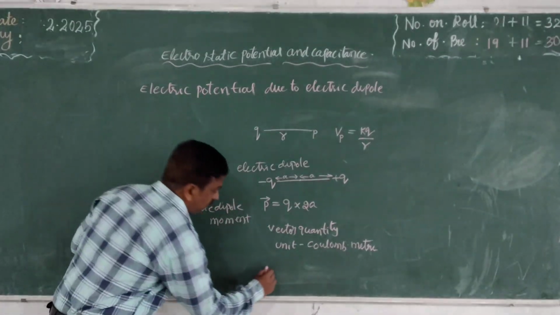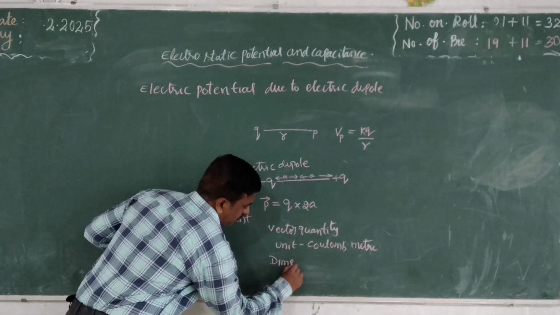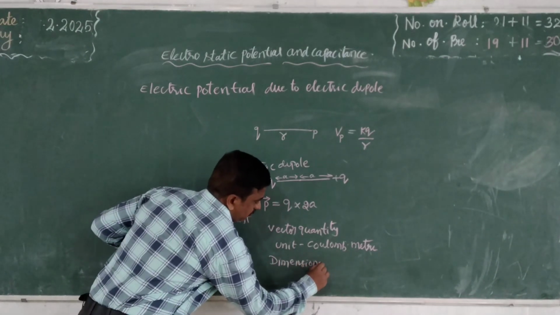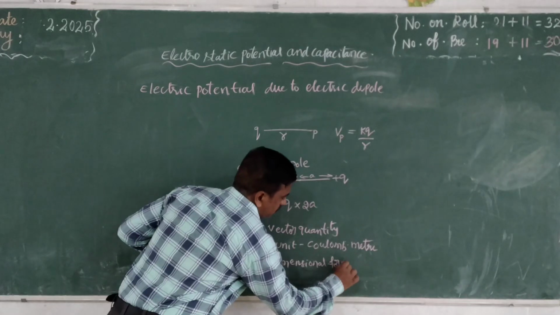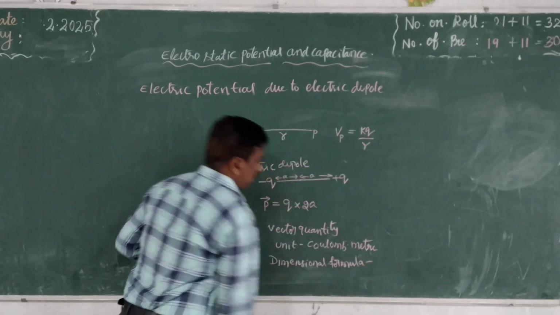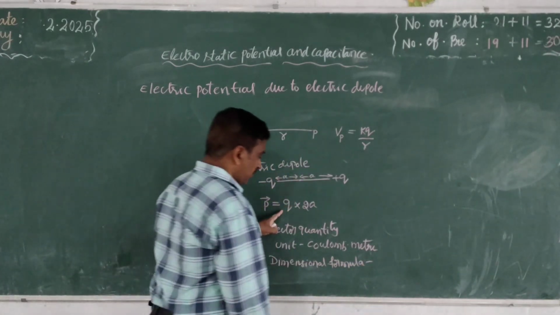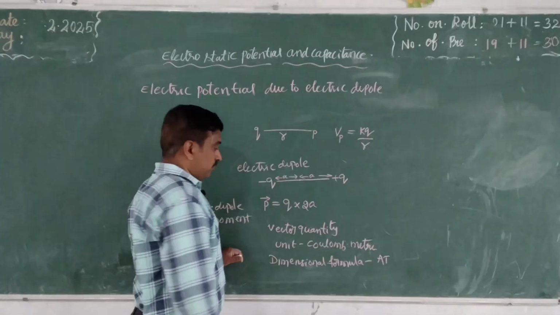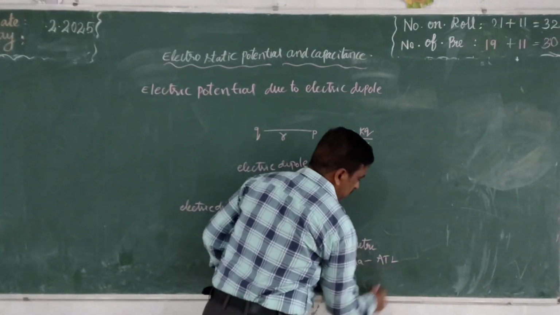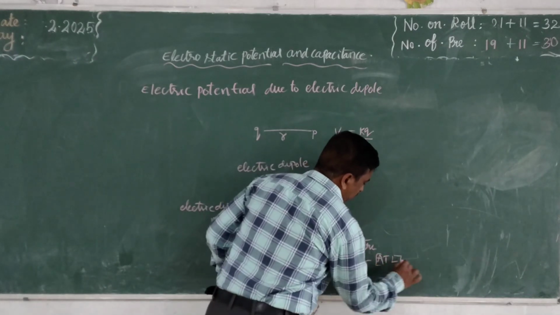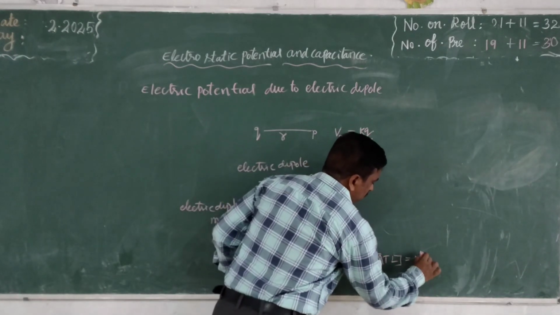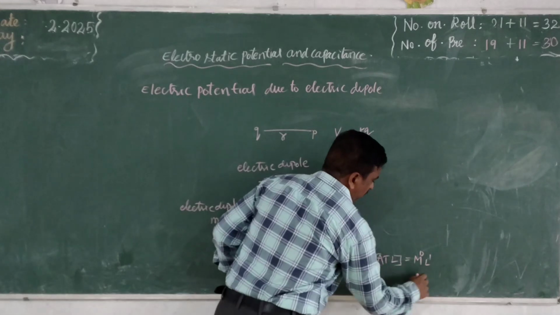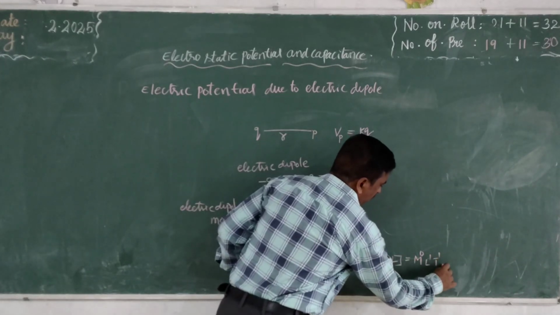Its dimensional formula: charge is current into time, A into T, and length is L, so ATL. So we can write M power 0, L power 1, T power 1 and A power 1.